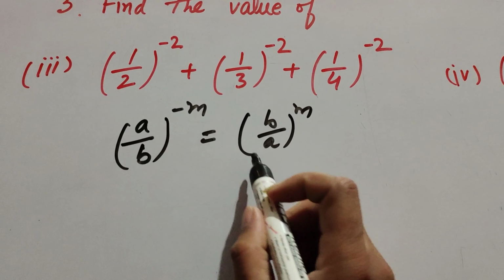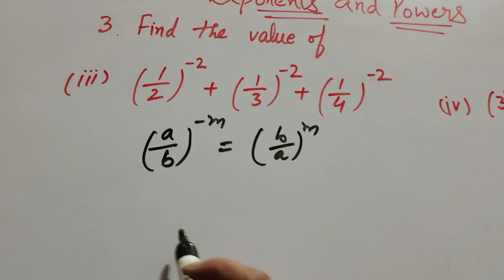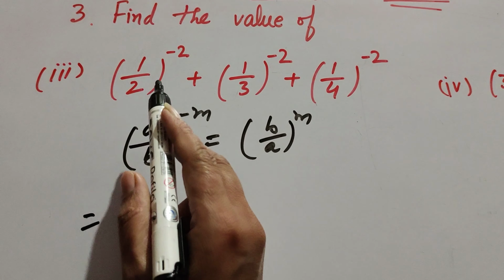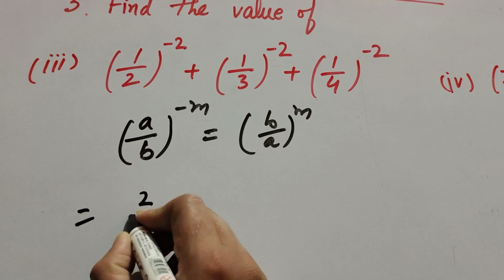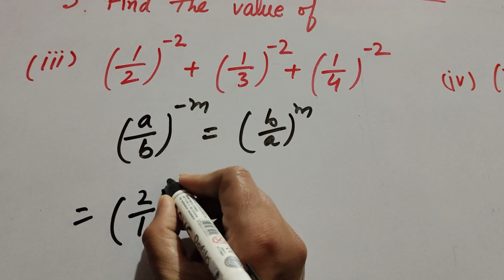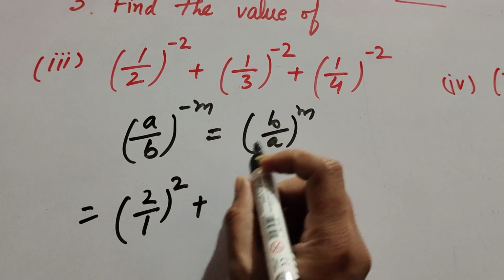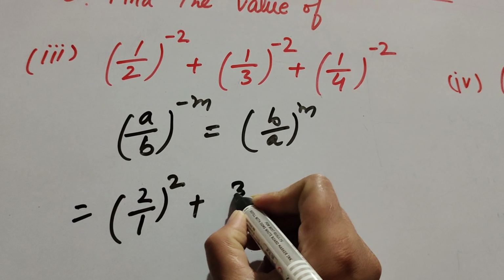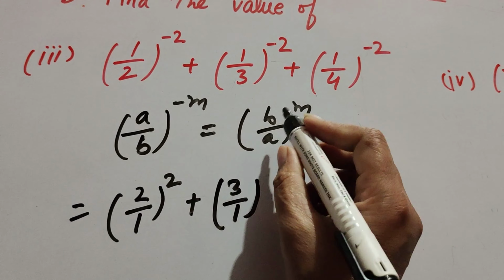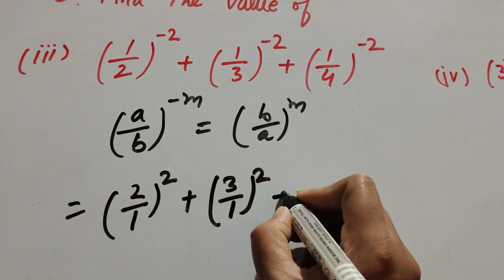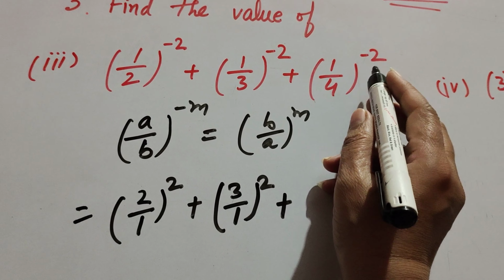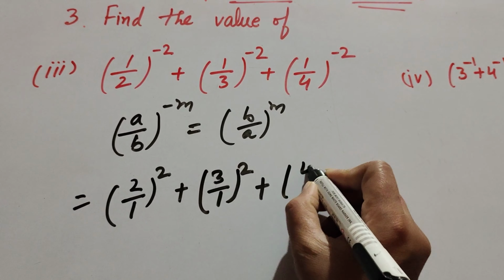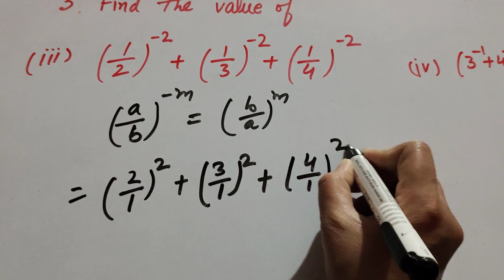So we take its reciprocal and the power becomes positive. 1 over 2 raised to power minus 2, it is 2 over 1 raised to power 2, plus 1 over 3 raised to power minus 2, we change it to 3 over 1 raised to power 2, plus 1 over 4 raised to power minus 2, we change it to 4 over 1 raised to power 2.